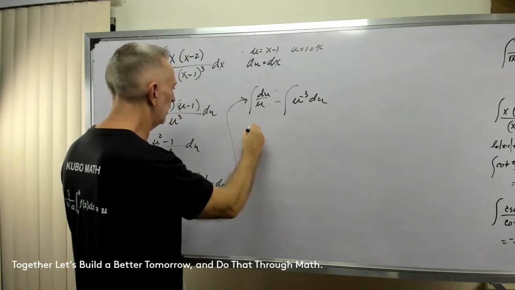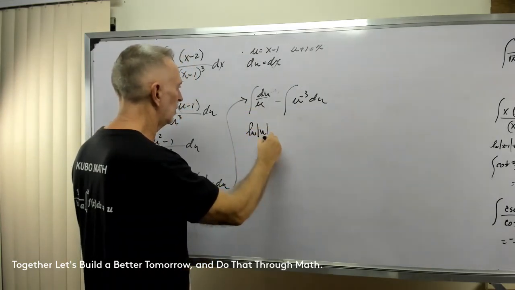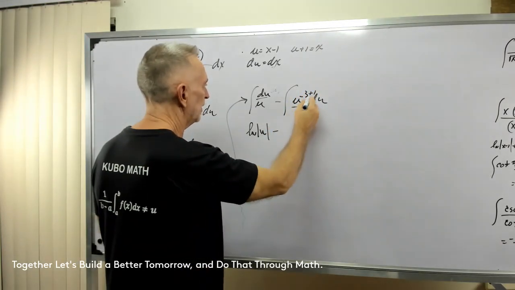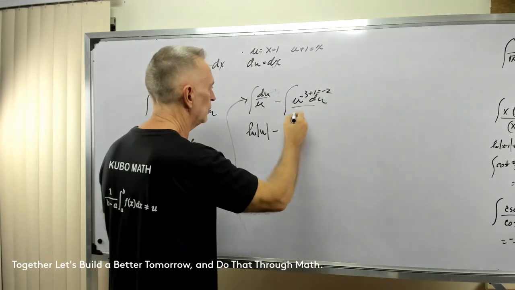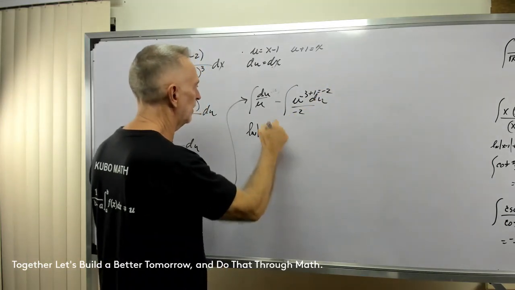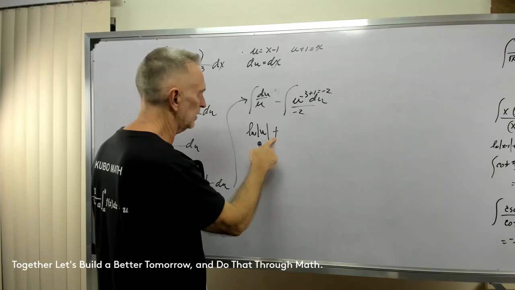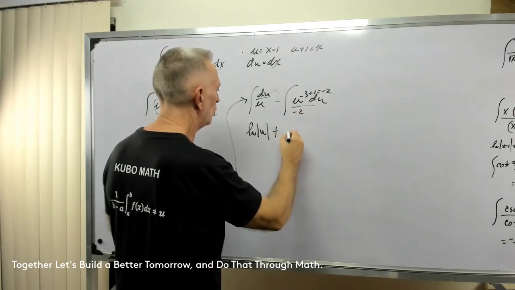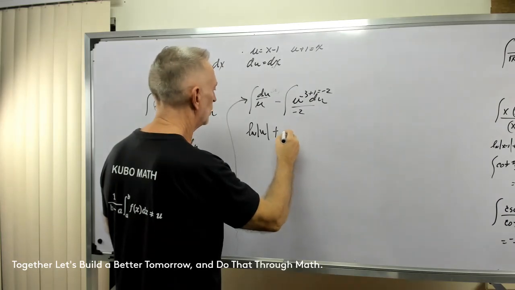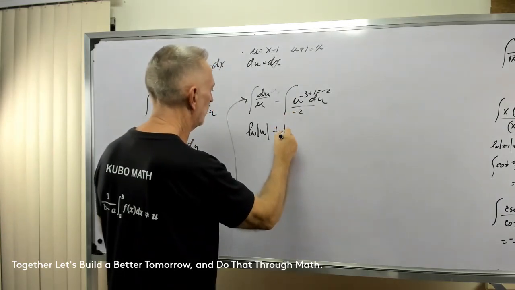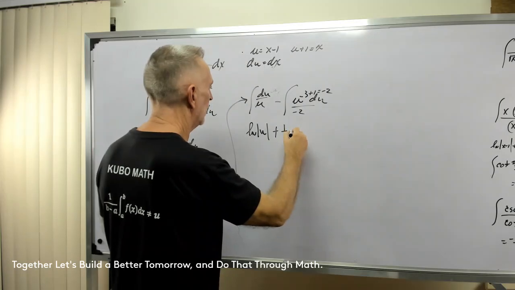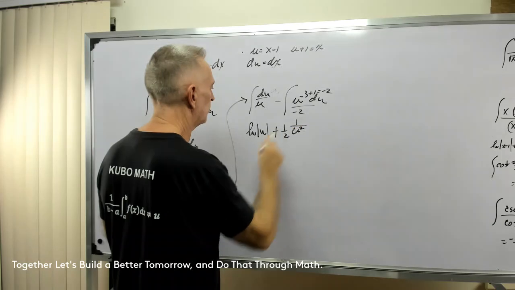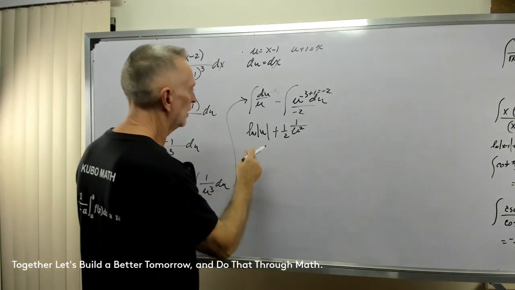So what do I have here? Natural log of u minus, so you add 1 to this and divide by it, so that would be a negative 2 divided by negative 2. Negative negative makes this a positive. So this would become u to the negative 2. Also I've got this 1/2 here. 1/2 u to the negative 2, which would make that 1 over u squared.